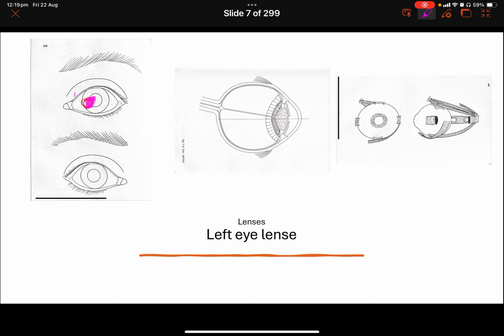The other lens is up here, and then another lens is here. It's also possible that there's a lens right over the top of the eye as well. So it's there, it's here in the eyeball.